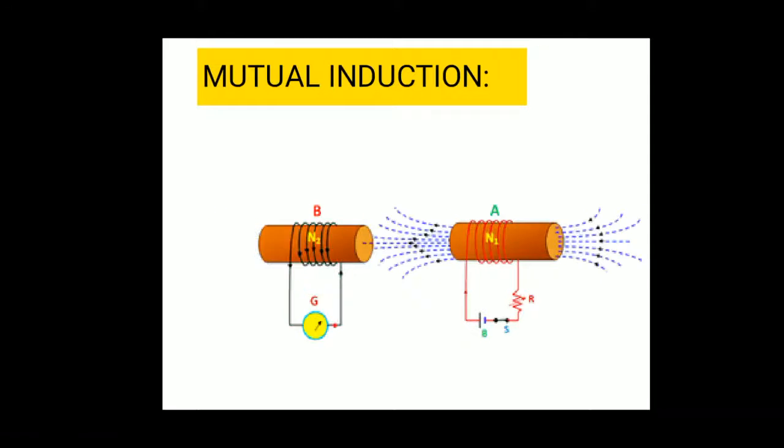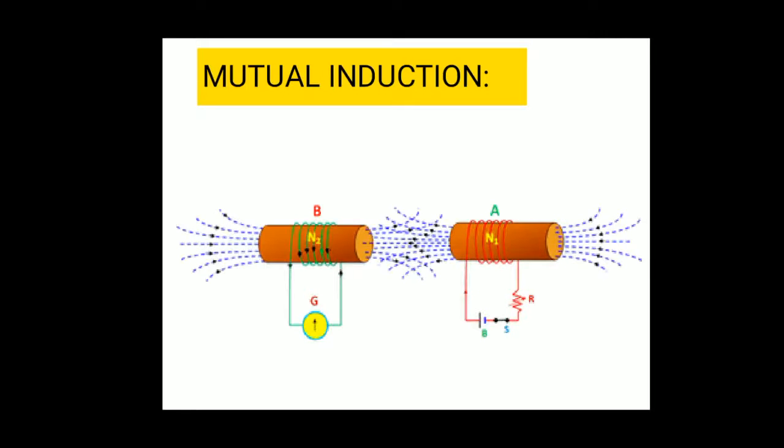That magnetic field is linked with what? Both coils, coil A and coil B.